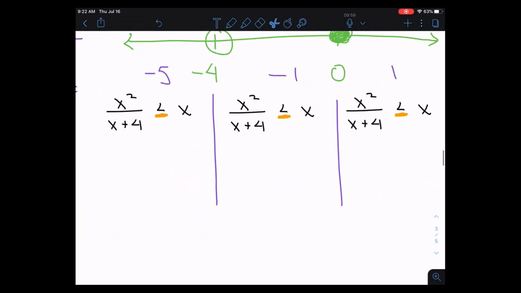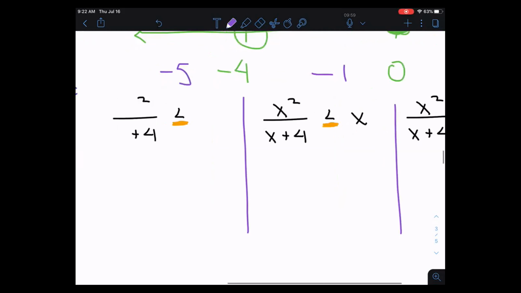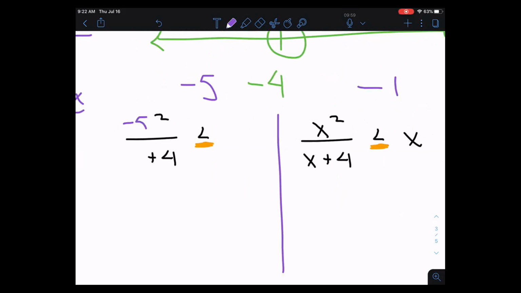So now let's plug in our x value. I'm going to erase this. Does anyone mind? So now the question is: is -5 squared over -5 plus 4 less than or equal to -5? So is it true? What's -5 squared?